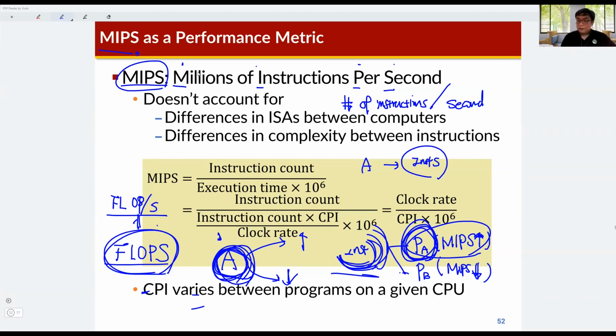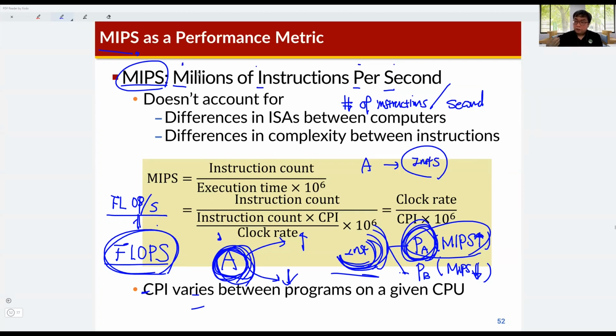Just remember that we learned the definition of performance. In order to compare performance, we need to measure the execution time. We can use different types of performance metrics, such as MIPS, the number of instructions per second.